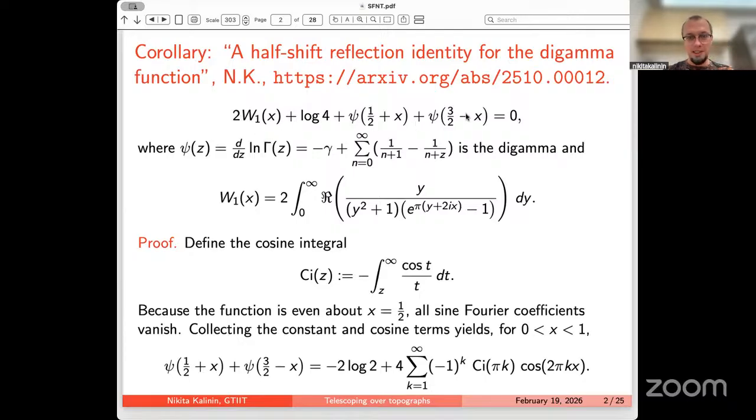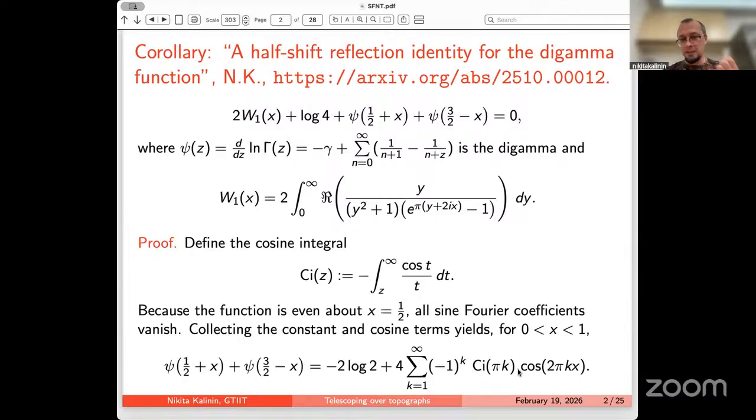Since the seminar is called special functions, I could not resist putting this slide here. And actually the proof is very easy and short. You just expand all these functions in cosine Fourier expansion, and you see that the coefficients are the same. You can compute the cosine expansion for the d gamma. The sine terms disappear, and the cosine terms are just cosine integrals.